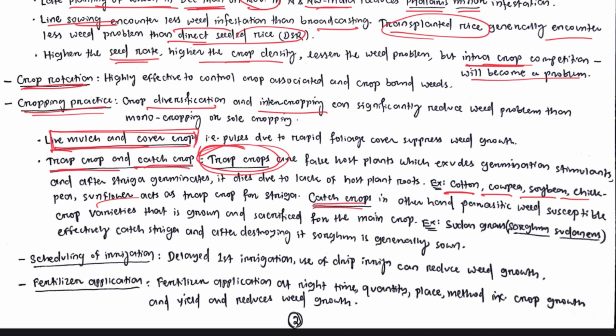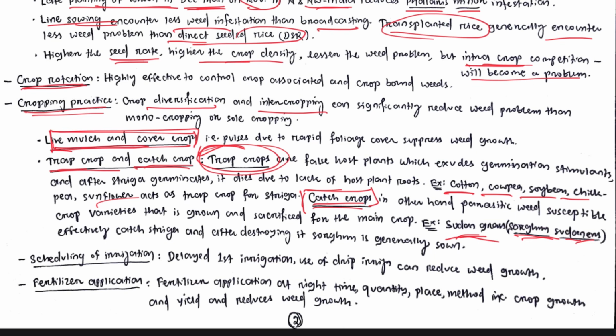Then catch crop: here we grow one low value crop that can act as a host plant for the parasitic weed. For example, Sorghum sudanense, that is Sudan grass. Before sowing the sorghum crop, we grow Sudan grass or Sorghum sudanense. So when the parasitic weed Striga emerges, it will attack this alternate host plant, that is a low value crop.